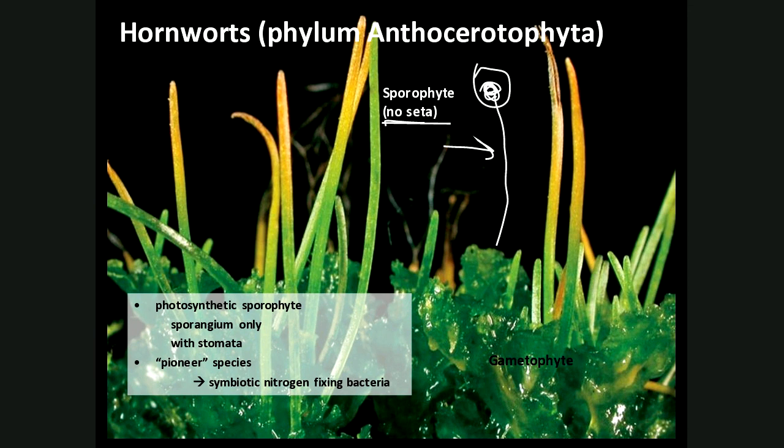And there are pioneer species of plants and animals. So hornworts would be an example of some of the first plants you would find in these areas. And not only are pioneer species some of the first, but they're also good for paving the way for later species. We talked about this with the pollinators and the insects, how it's kind of working together. So hornworts have a lot of symbiotic nitrogen-fixing bacteria, which we talked about, right?